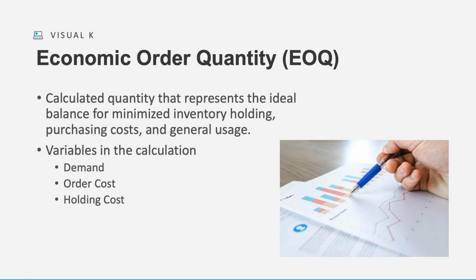It's like the ideal balance, right? What should be my ideal value that I need to order based on a couple of variables, right? Based on the demand, based on an order cost, and based on a holding cost, plus the actual average price of that item, okay?